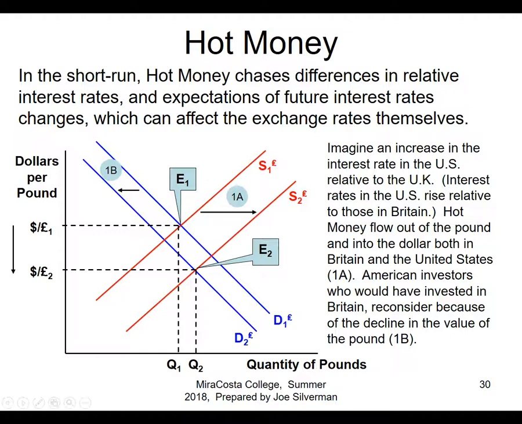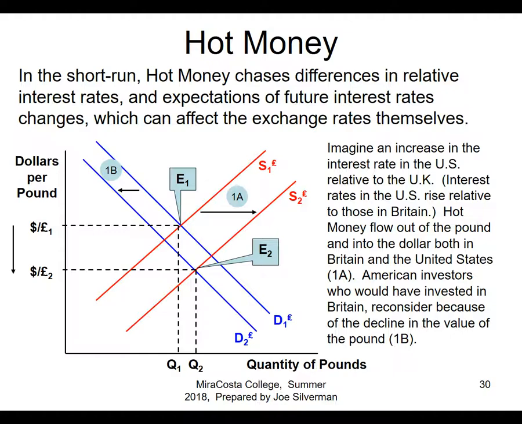So the example I'm going to use is, imagine that you're a money manager, and you could be either a money manager in New York or a money manager in London. And let's just, to keep the analogy simple, imagine that there's only two markets you invest in. You either invest in London or you invest in New York, whether you're the money manager in New York or the money manager in London.